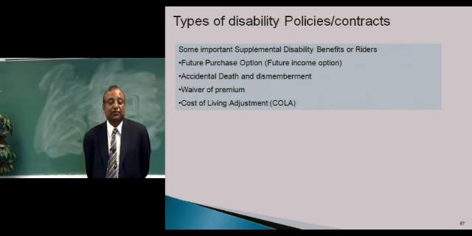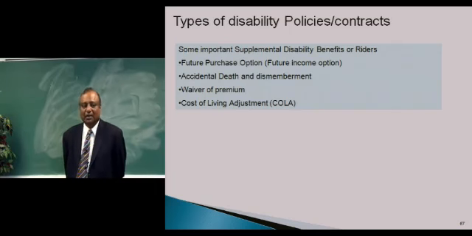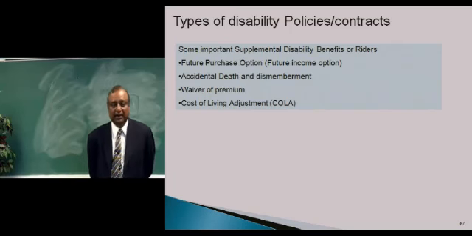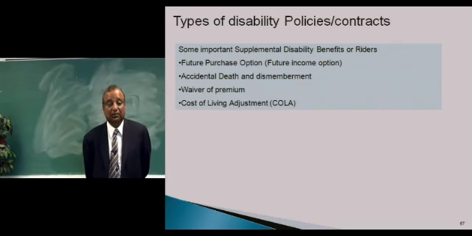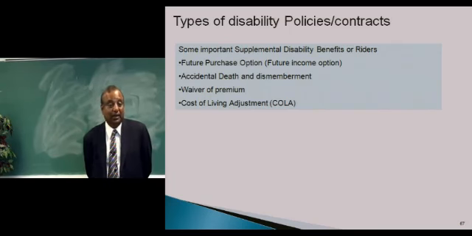So even if, let's say, I have a policy with a future purchase option where I can increase my benefit by $1,000, and let's say I get a back injury, I recover from that and then exercise my future purchase option. The new policy they will issue me will give me full coverage, including my back, because there is no medical. It is based upon the medical of my original policy. But I have to prove that I have the income to raise my benefit.